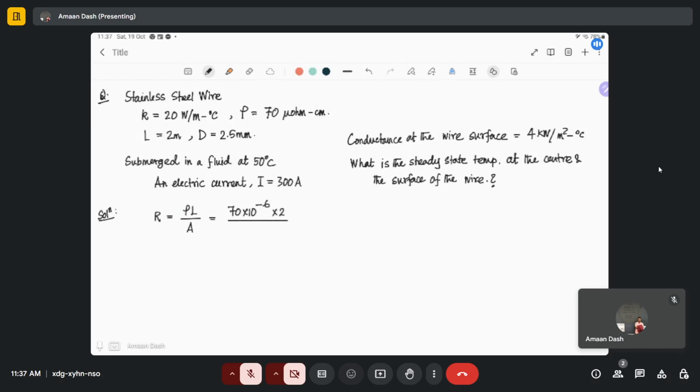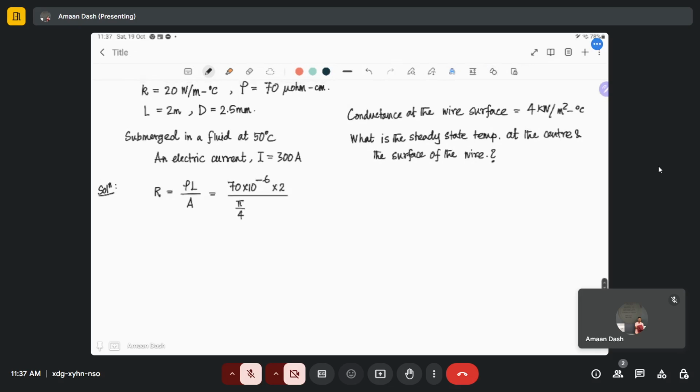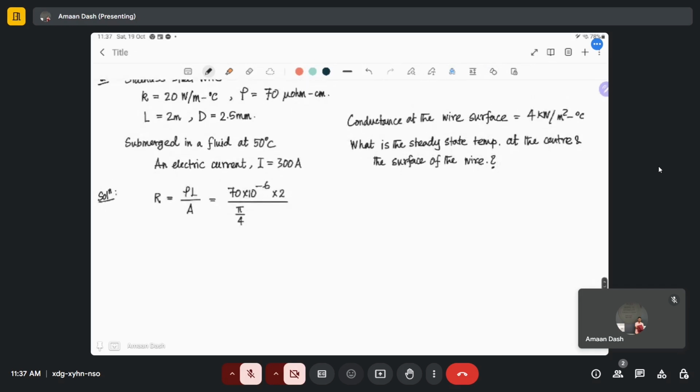This thing divided by the area, pi by 4 times 2.5 times 10 to the power of minus 3 square. So this will be 0.285 ohm.